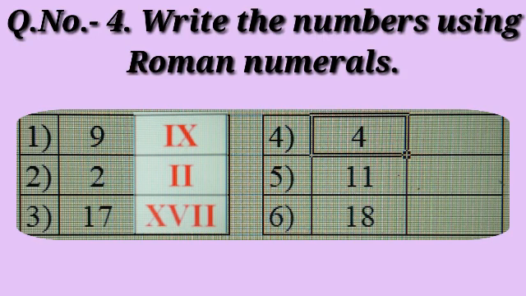The first one is 9, that is I and X. Before the X we have to write I. It means 10 minus 1, so it becomes 9. 2 means double I, that we know. 17 means 10 plus 7, so X is for 10 and V double I means 7, so X V double I is 17. On the other side, the numbers 4, 11 and 8 are given, and you have to convert them into Roman numerals.